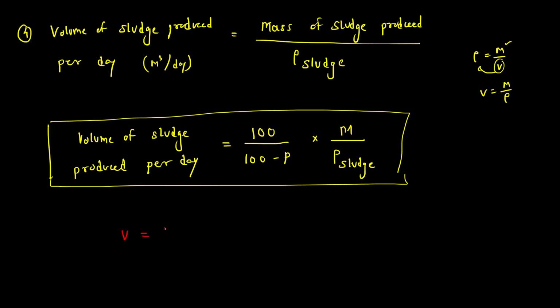So we can write it as 100 by 100 minus P into M divided by density of sludge. If there is no change in moisture content, then this mass and density of sludge values will be extremely small. So this ratio will be nearly equal to 1. So we can get a relationship between volume and moisture content, that volume is equal to 100 divided by 100 minus P, where V is the volume and P is the moisture content.